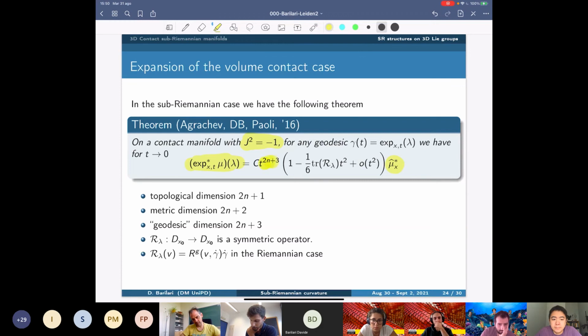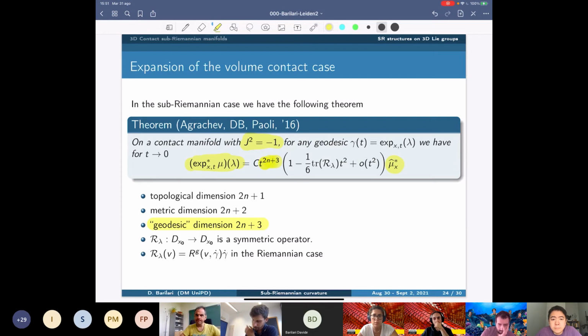You have a t power n plus 3, which is a kind of geodesic dimension because it is not the topological dimension of the manifold, which is 2n plus 1. It is not the metric or Hausdorff dimension, but it is something related to the fact that we are shrinking along geodesics.